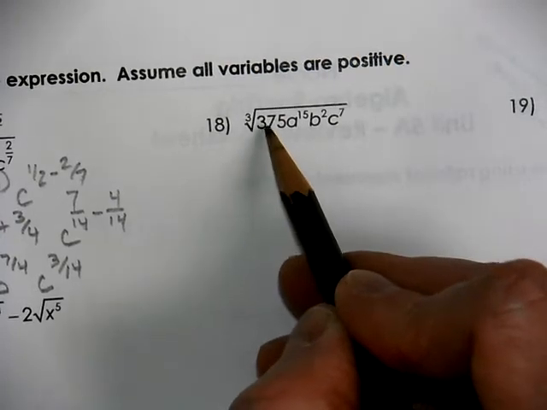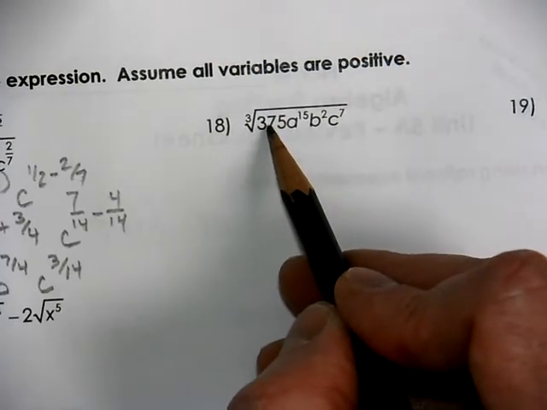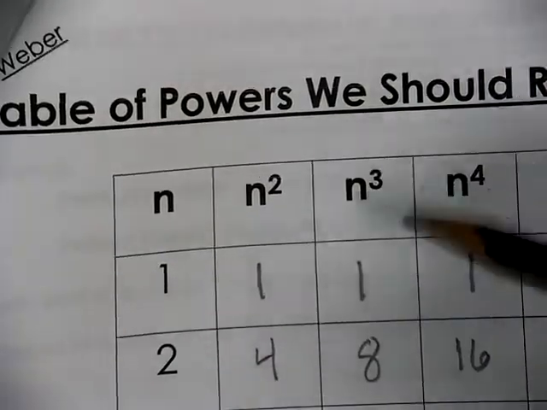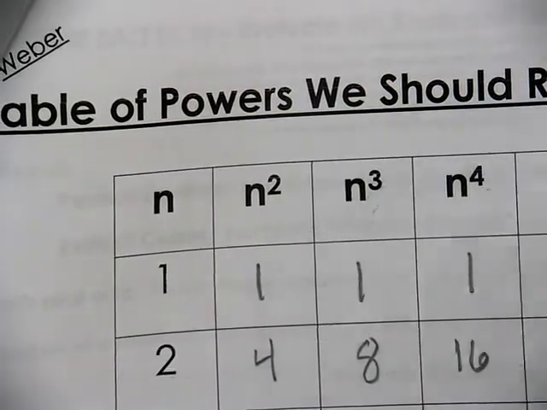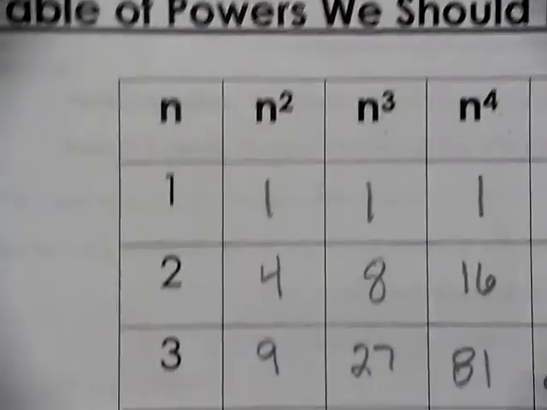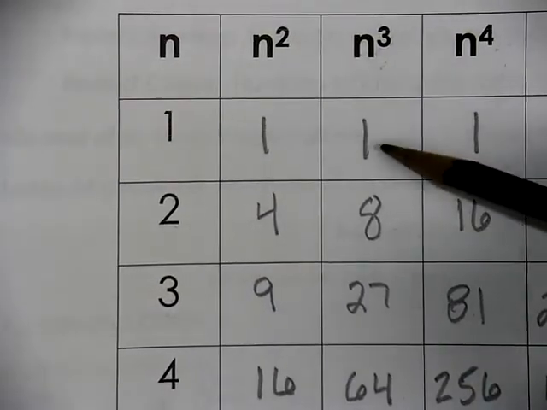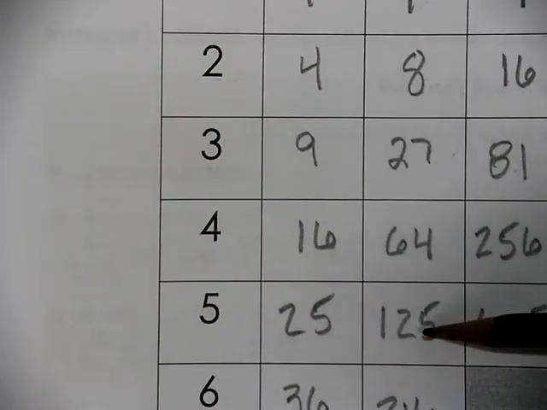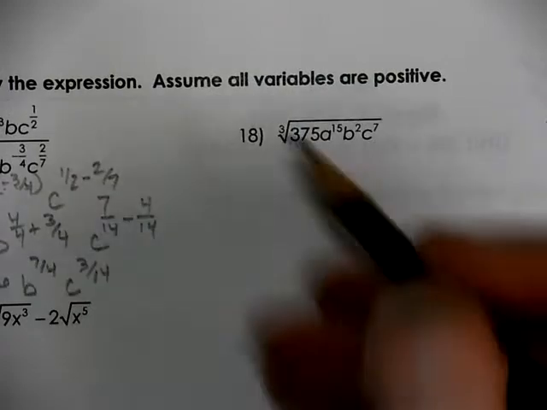Cube root. Can 375 be broken down by numbers that are in the column of n cubed? 125 goes into 375.